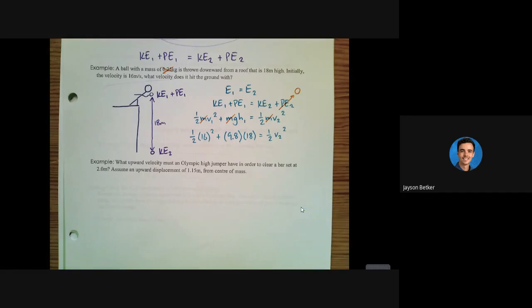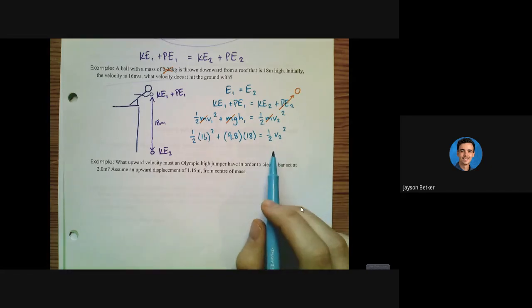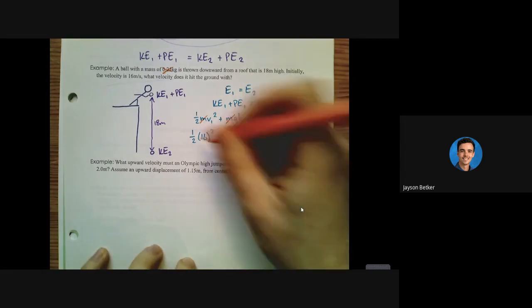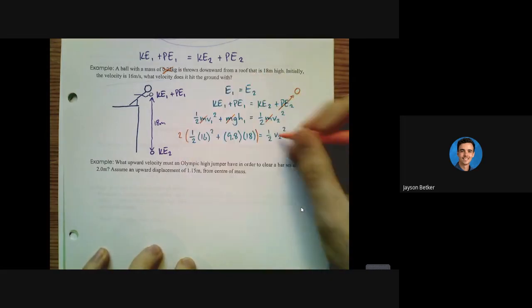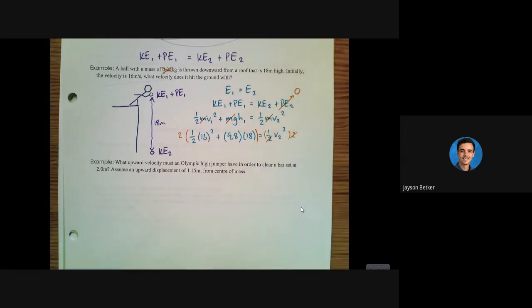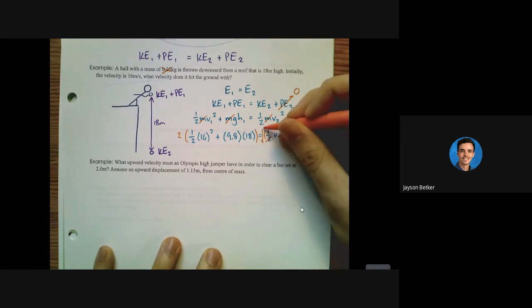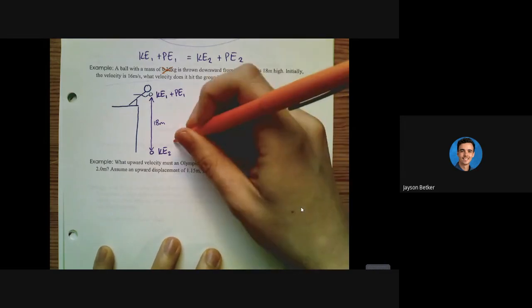So in order to find V2, I'm going to have to multiply. I'll do my steps right here. I'm going to have to multiply by 2 on both sides to cancel out that 1/2. And I'm going to have to take the square root to cancel out the square.